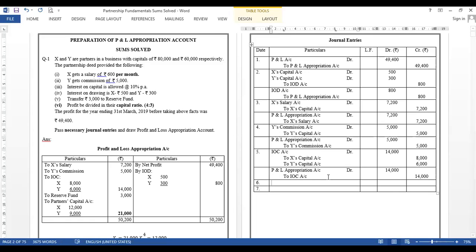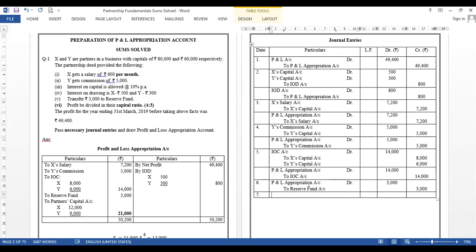Next entry is for creating the reserve. Yes, anyone? Profit and loss appropriation account debit to reserve fund account. That's very correct. To reserve fund account. Okay. Amount is rupees 3,000.